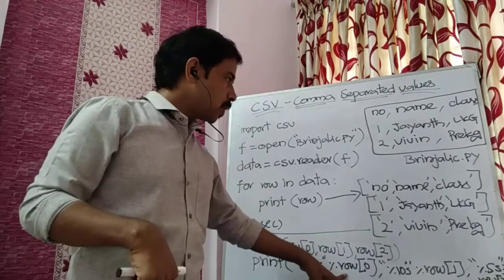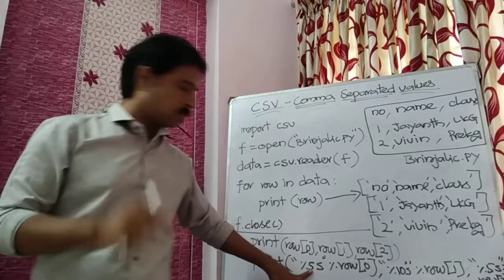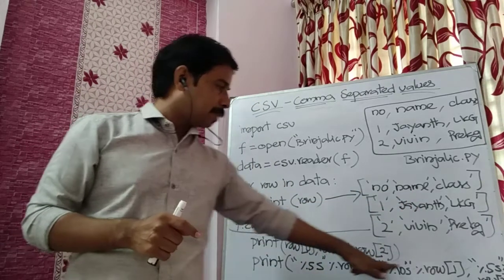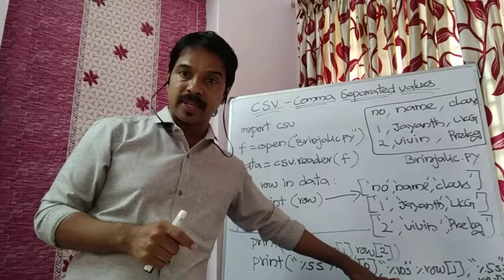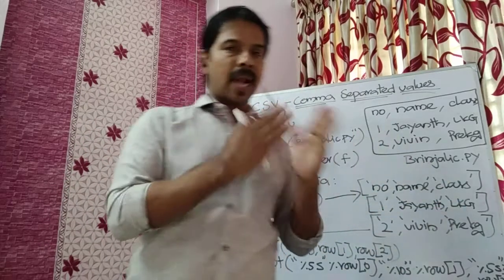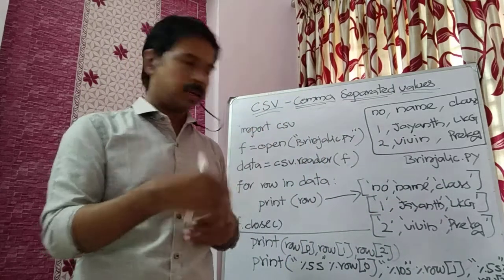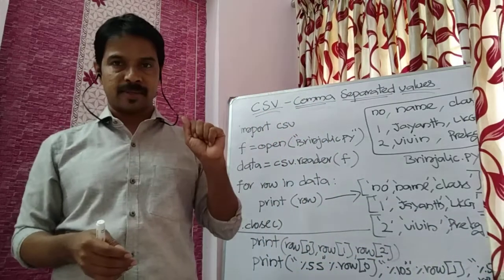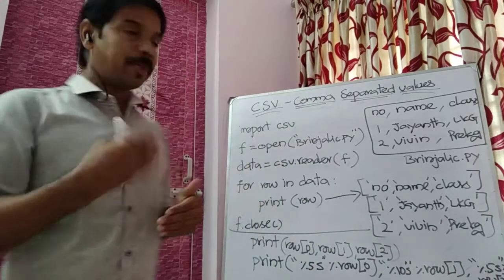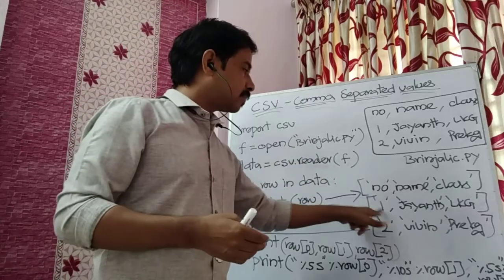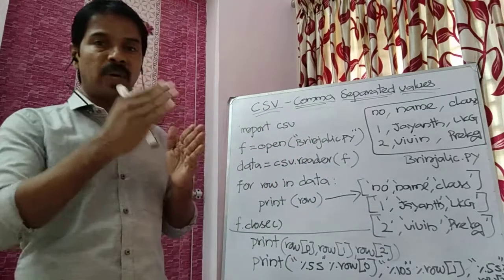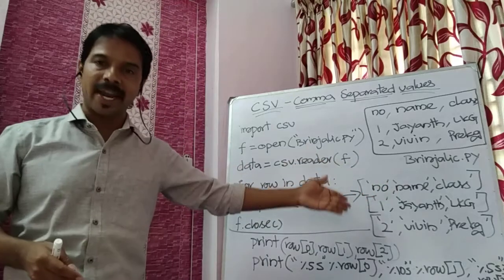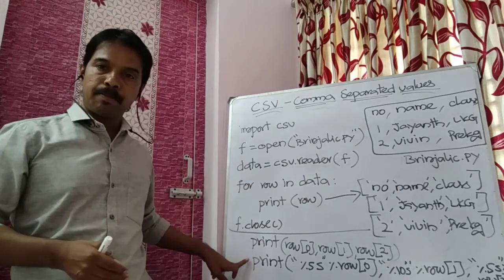So the first field will get printed with 5 spaces, the second name will get printed with 10 spaces, and the class, LKG or UKG, will get printed with 5 spaces. You can specify how much space you need to leave between these fields using this print format.